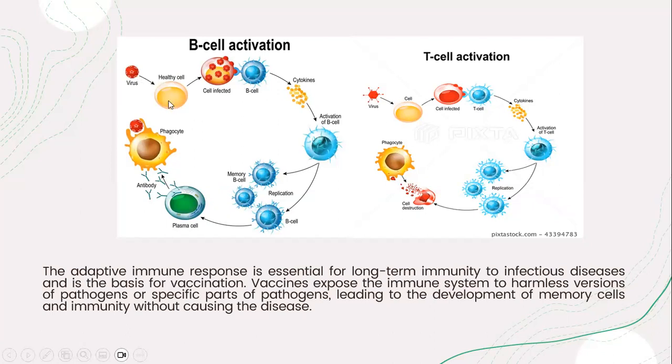So a virus affects a healthy cell. All our cells have an MHC complex that allows us to recognize self. That's how our immune system is able to differentiate between what is foreign and what is yourself, because you have that unique protein on the surface of your cells that says self.